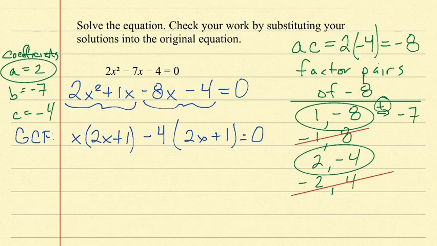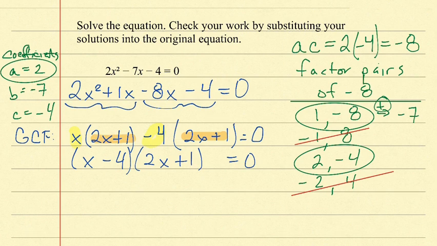All right, so I hope you can see now one of my factors will be x minus 4, and one of my factors will be 2x plus 1. So let's rewrite that as factors. I now have x minus 4, and I have 2x plus 1, and still those are equal to 0.